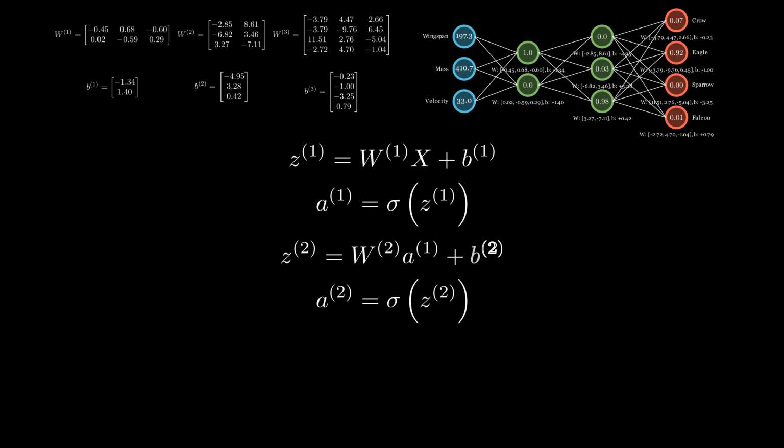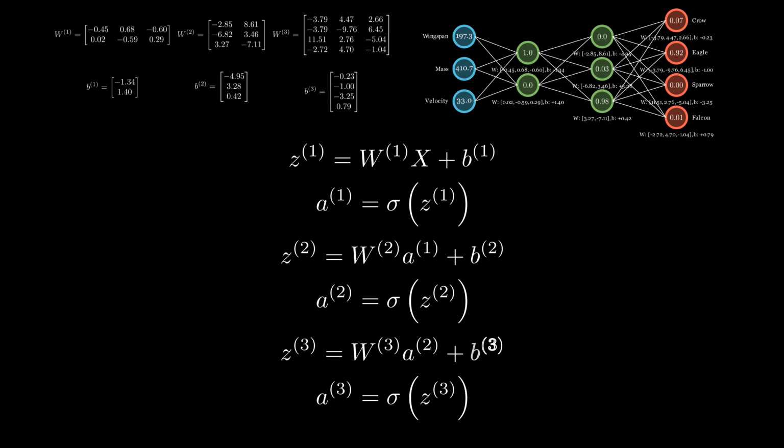Z2 is equal to W2 times A1. Remember, we use the output of the previous layer as an input for the next one, plus B2. And A2 equals sigma of Z2. Now we pass it to our output layer, so Z3 equals W3 times A2 plus B3. The difference being that now A3 is softmax of Z3.